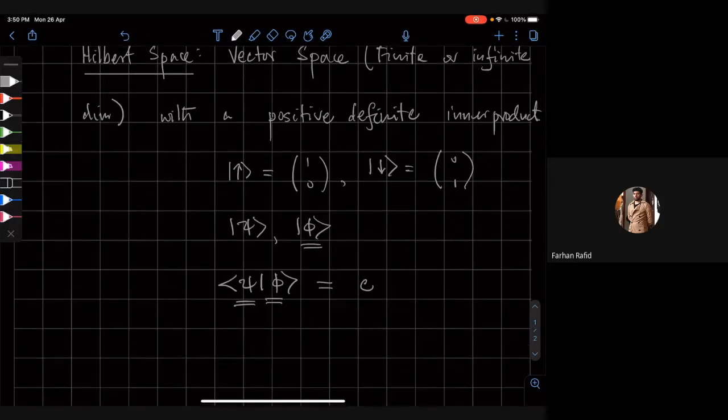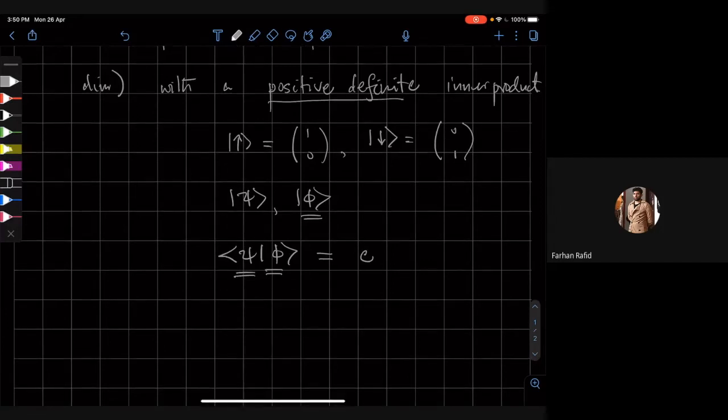So now what about the positive definiteness? If you take this vector and take its inner product with itself, what you're doing is essentially looking at the norm squared of this vector. And positive definiteness means that this has to be greater than or equal to 0.